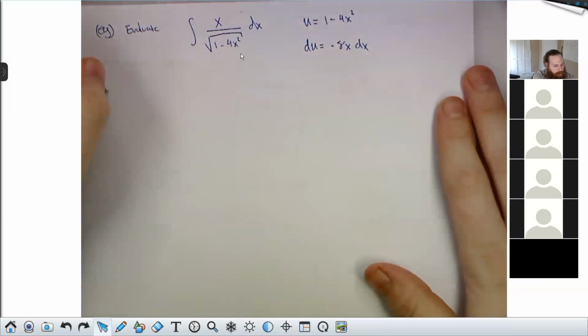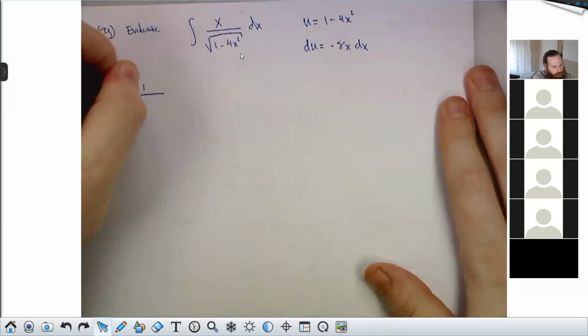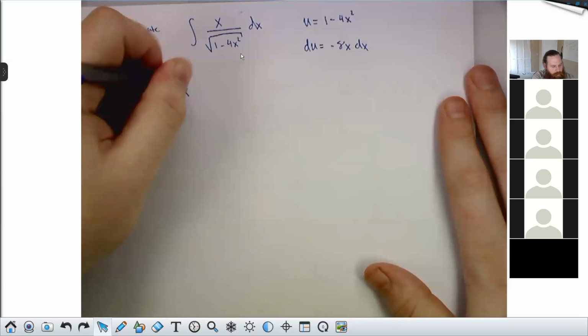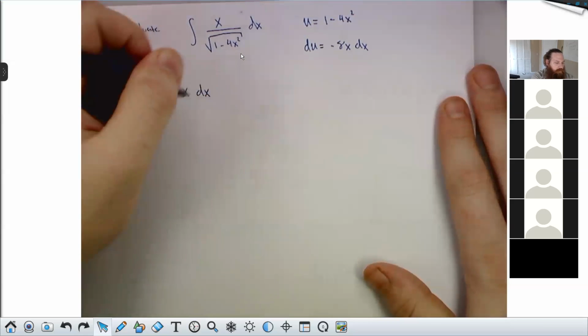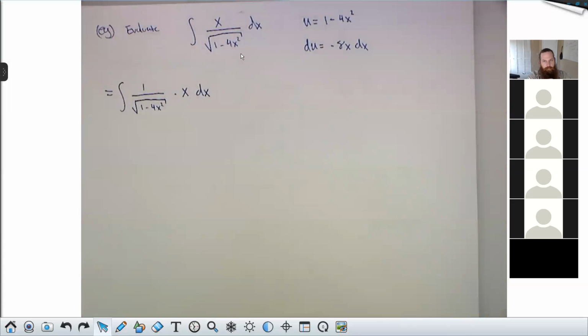I can rewrite my original integral as integral 1 over the square root of 1 minus 4x squared times x dx. But again, the challenge here is that this is not exactly this.